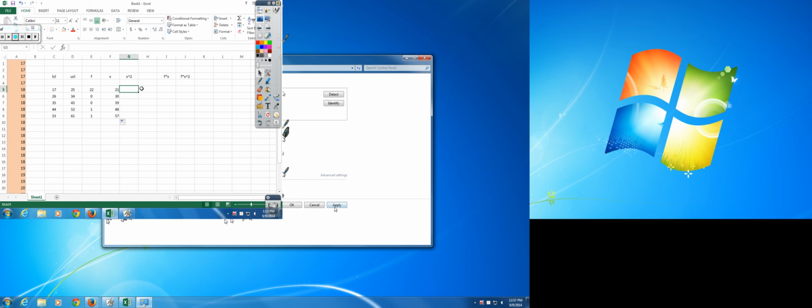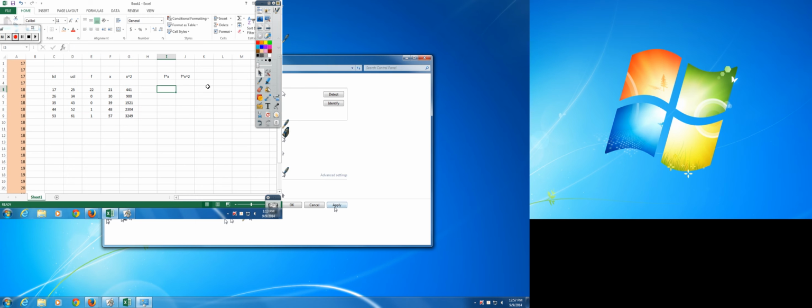Now we got to square that. Copy that down. And now you got all you need to get your components for the formulas.